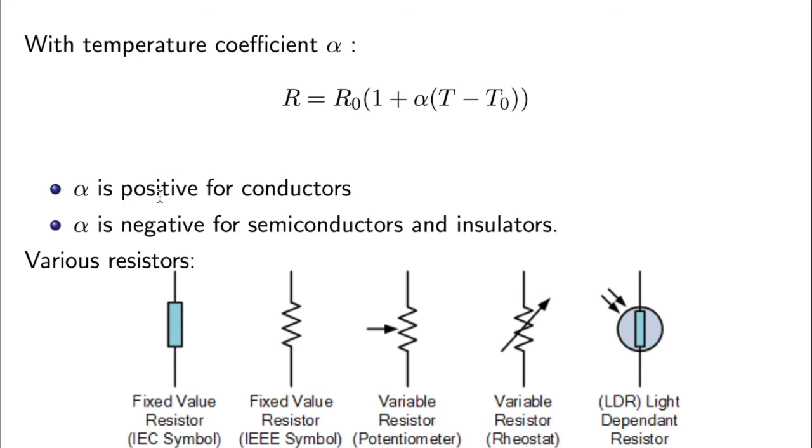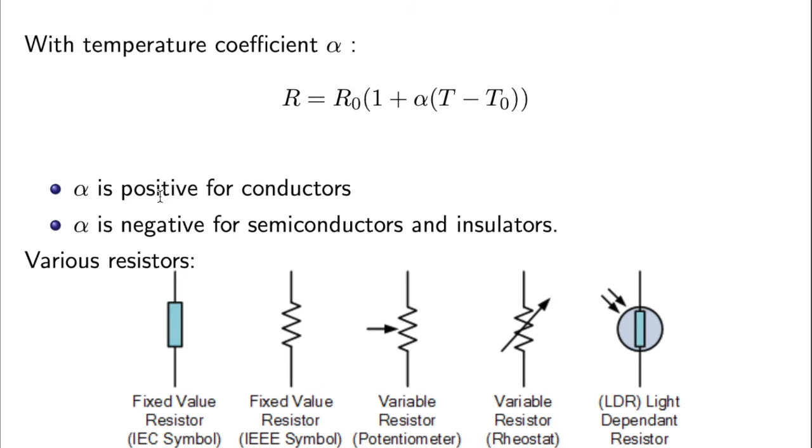So this is an interesting aspect: why it is positive for conductors, whereas negative for semiconductors and insulators. In conductors, when the temperature increases, there is an increase in the agitation of electrons, resulting in interatomic collisions inside the conducting material, and that restricts the free flow of electricity.